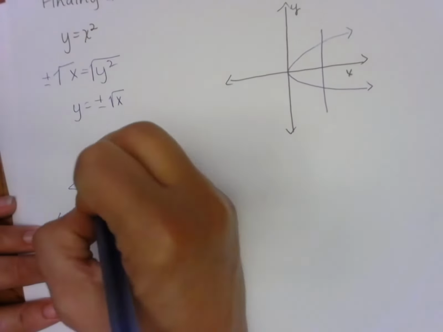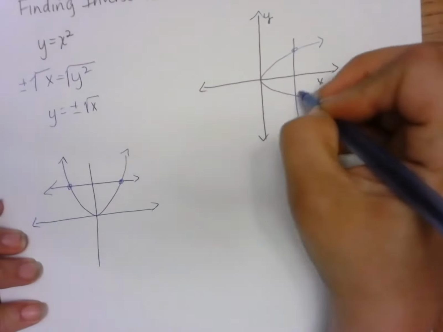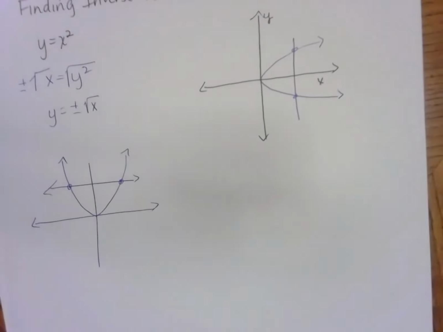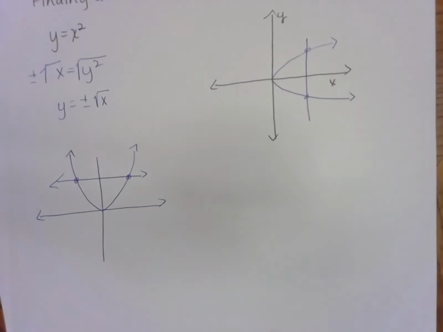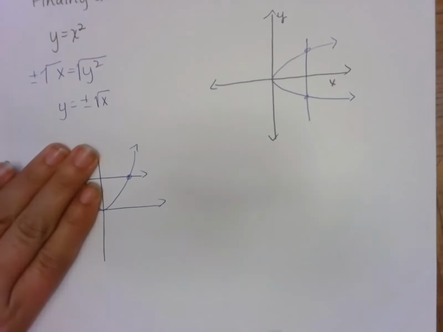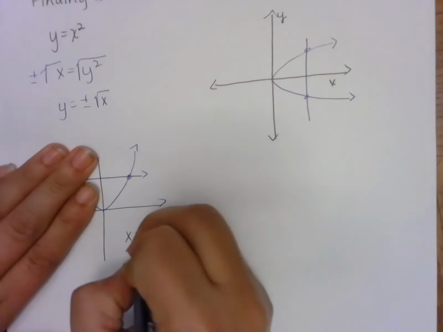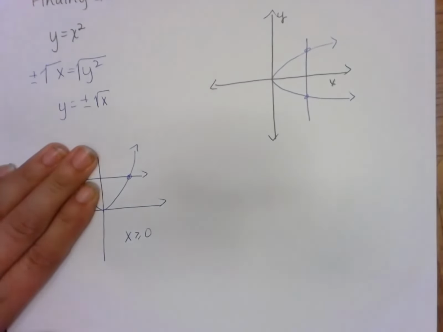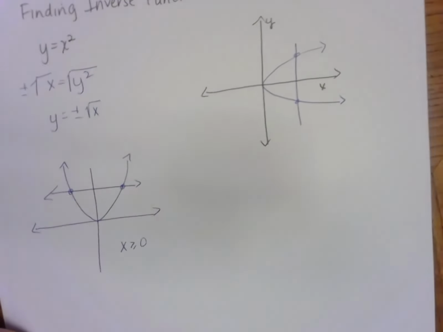Since I have a piece here and here, I end up with my inverse looking like this. Now there are ways that we can restrict the domain. Maybe I decide I'm only going to work with this half of my quadratic, so I restrict the domain to x greater than or equal to 0, and I can get around it. But as it stands, with the domain being all real numbers, it does not have an inverse function.